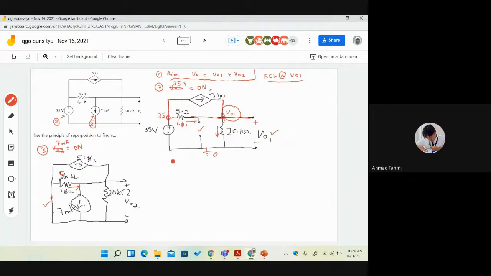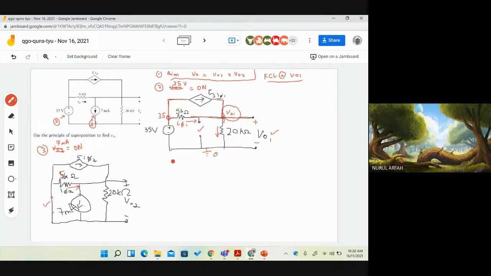No. A super node is when you have a voltage source in between two nodes. What types of two nodes are there? Unknown nodes or unknown? Right? So we have a known value here, and this is also a known value, which is 0. So there is no super node. Okay, good. And then apply KCL.